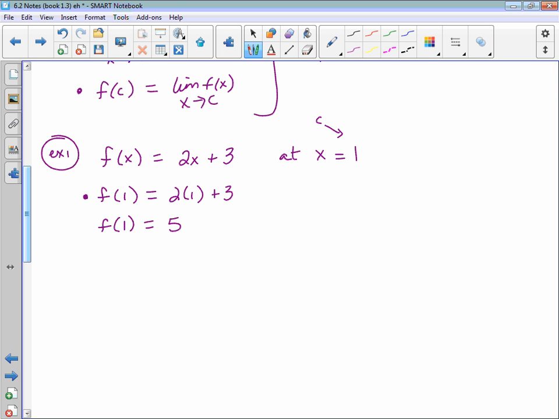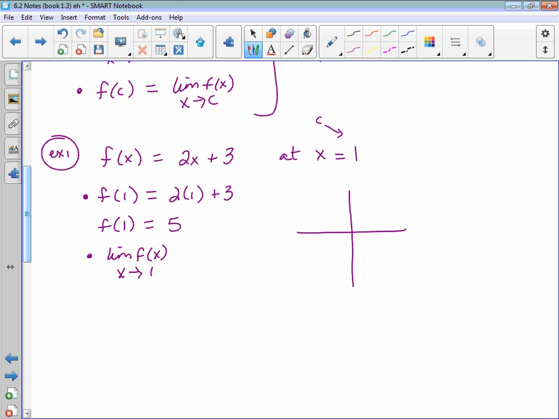All right, so the second one, we have to find the limit of our function as x approaches 1. Okay, you guys don't really know what limits are yet, so I'm going to give you the basic rundown of what a limit is. If we were to graph this, what does y equals 2x plus 3 look like?